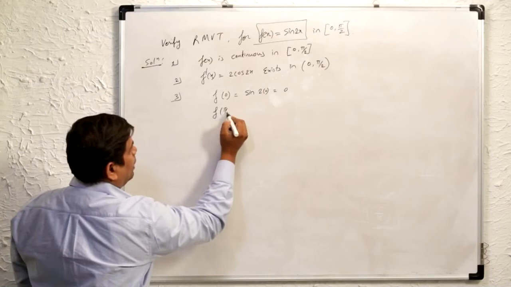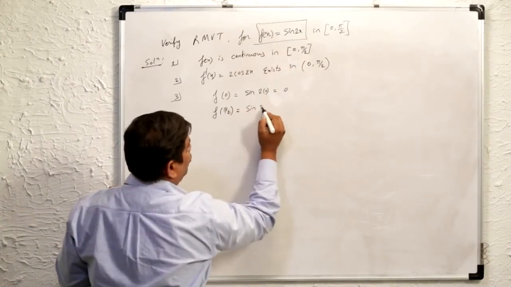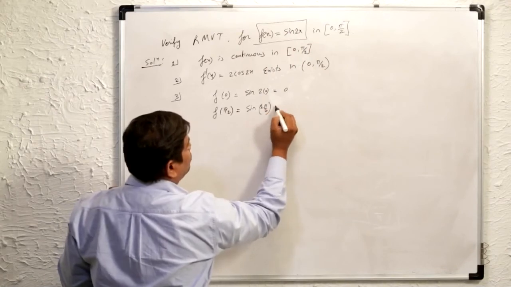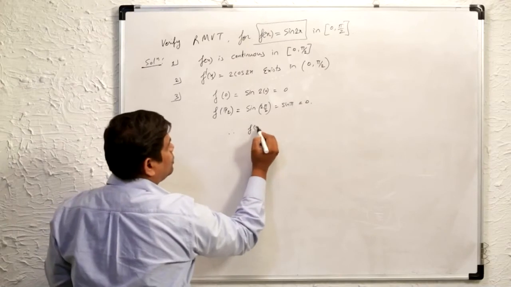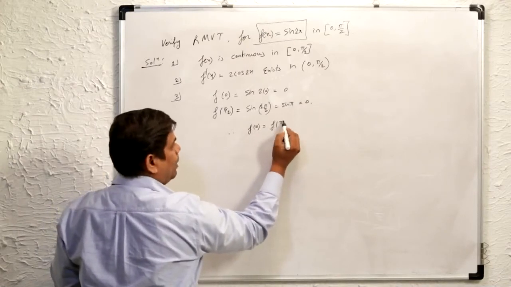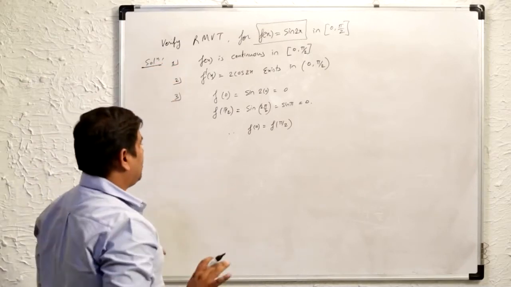Next, f of pi by 2. Replace x by pi by 2 here. So you are going to get sine of 2 times pi by 2, gives you sine pi, which is again 0. Therefore, f of 0 equal to f of pi by 2. So conditions 1, 2 and 3 are satisfied.